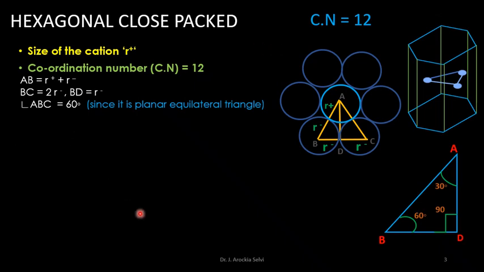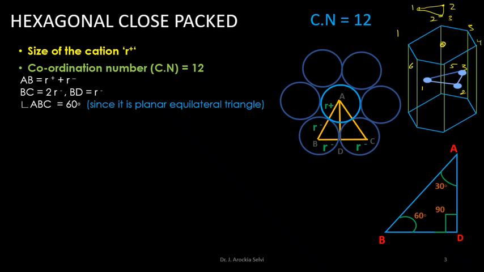So in this case you could see, if here is the vacant site, it is surrounded by 1, 2, 3, 4, 5, 6, and here it will be 1, 2, 3, and similarly if another structure is above this one, this also will have the 3 anions, so 1, 2, 3.